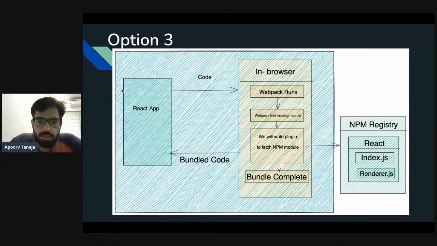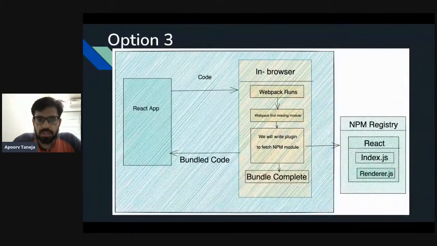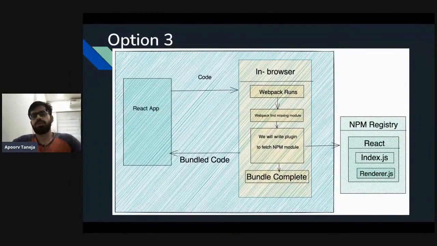What happens is, there's a React app, we have a piece of code, we send it to the browser, and in the browser Webpack runs, it finds the list of missing modules, it fetches the piece of code for that particular module, it bundles the code and sends it back. So the only difference between approach 2 and approach 3 is the backend server. In approach 3, there's no backend server involved at all.